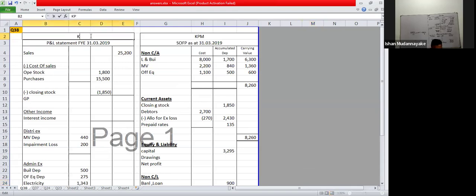Rasika trading business. Financial ending date 16.